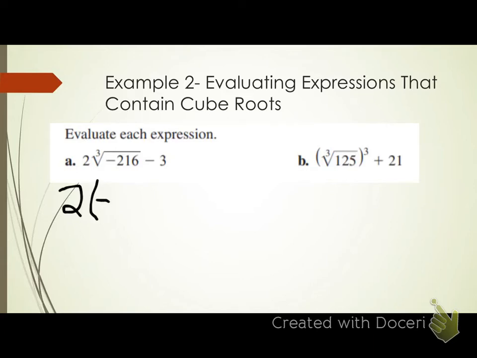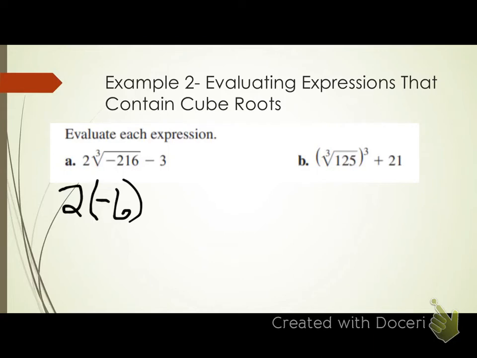So not quite 4. Is it going to be higher or lower than 4? It's going to be higher than 4. Yes? Negative 6, very good. Negative 6 times negative 6 times negative 6 would give me negative 216.